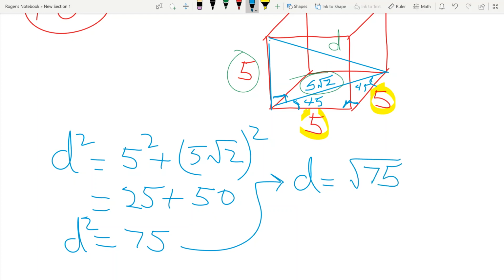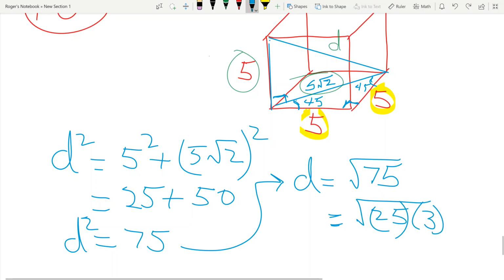It turns out that that is a nice number to work with because it's the square root of 25 times what? Times 3. 25 times 3, which is the square root of 25 times the square root of 3, or 5 square roots of 3.